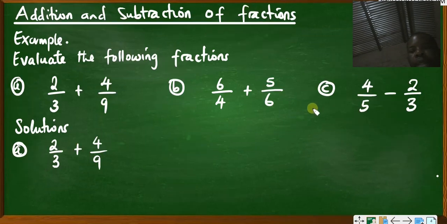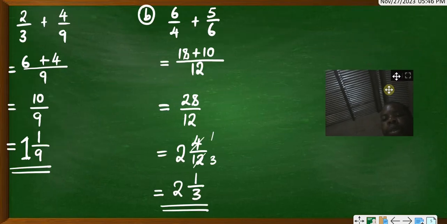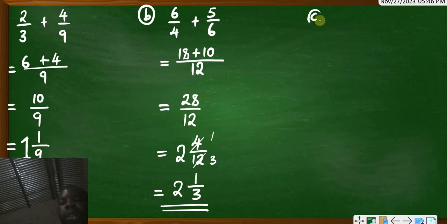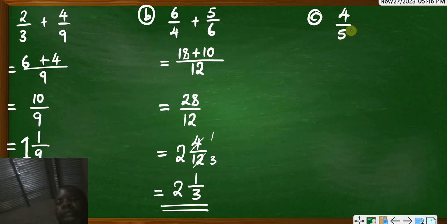Okay, then let's answer the other question, which is this one here. Let me check it. This one here, 4 over 5 minus 2 over 3.